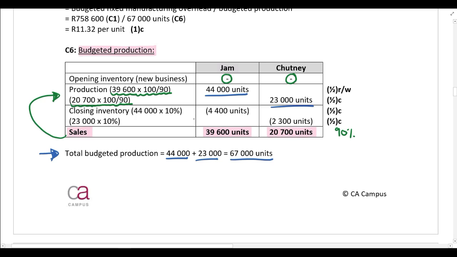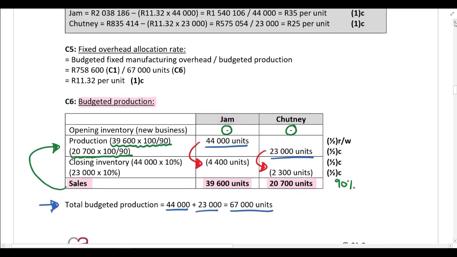But while we are here, you can also complete this reconciliation. We know that 10% of what they produce will be kept in closing inventory. So 10% of production will be kept in closing inventory, and you can then see everything over here reconciles perfectly. All right, so remember the whole reason we calculated budgeted production over here is because we are trying to calculate the fixed overhead allocation rate.